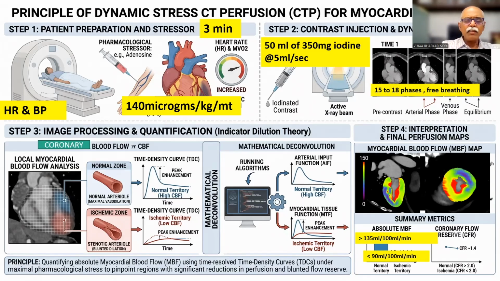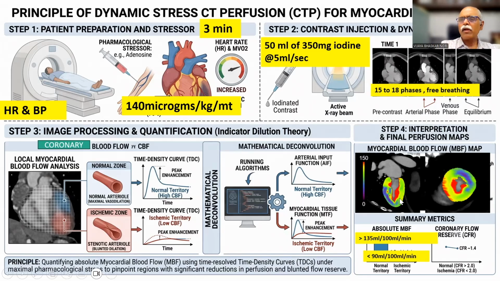Whenever there is significant epicardial stenosis, there will be a blunted response to the iodine uptake in the myocardium. That blunted response is calculated by various mathematical calculations, deconvolution algorithms and AI-based software, which gives you the absolute myocardial blood flow in normal and abnormal myocardium.